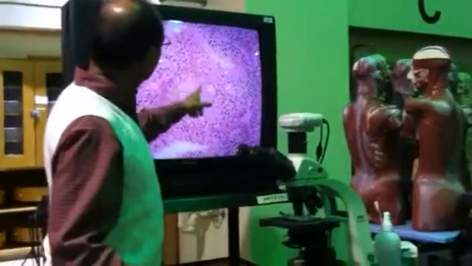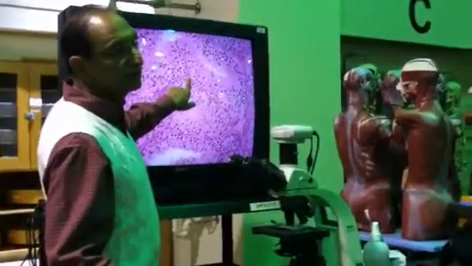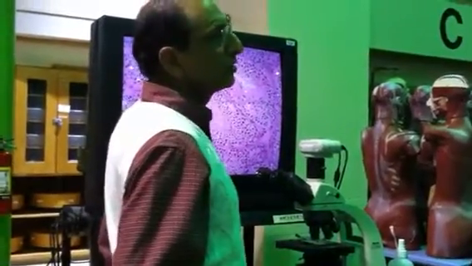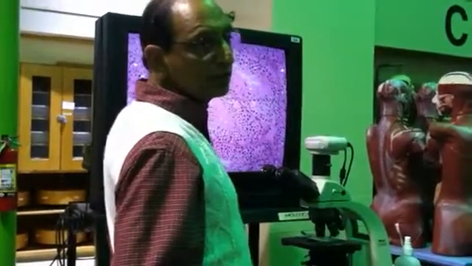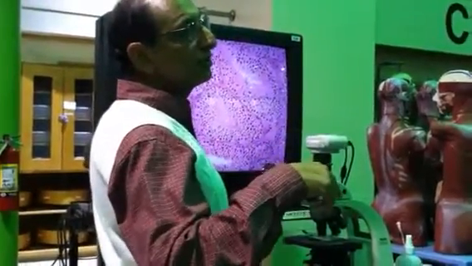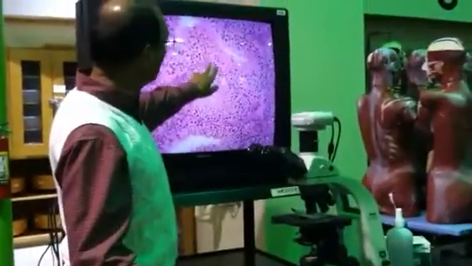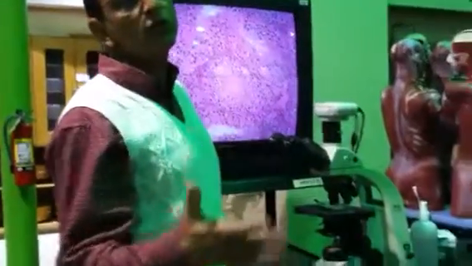See between these, you see this cell here, Leydig cell, and it produces testosterone. So FSH will stimulate tubules to produce sperm. LH will stimulate the Leydig cell to produce testosterone.